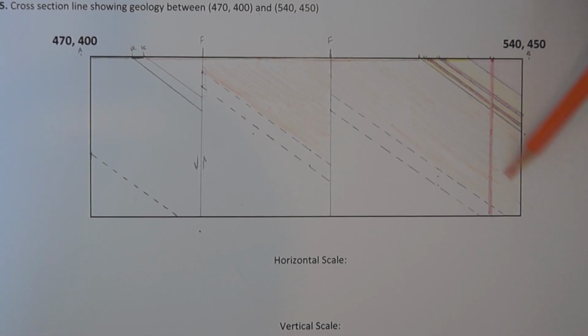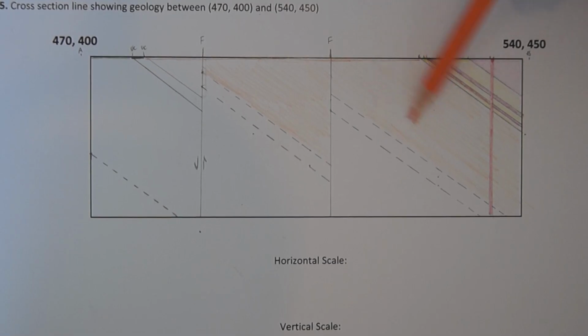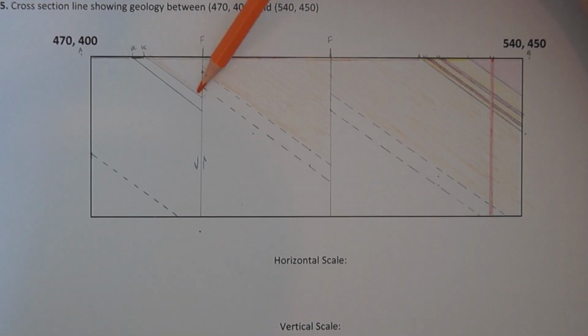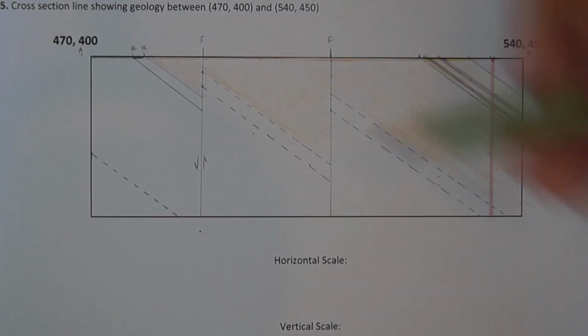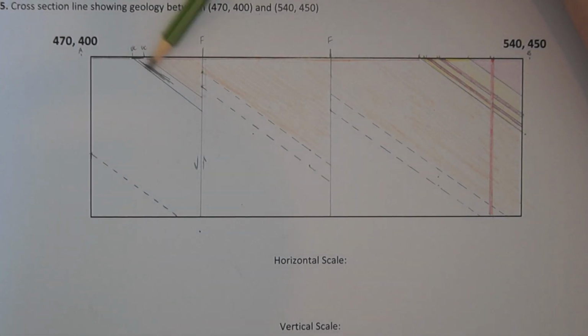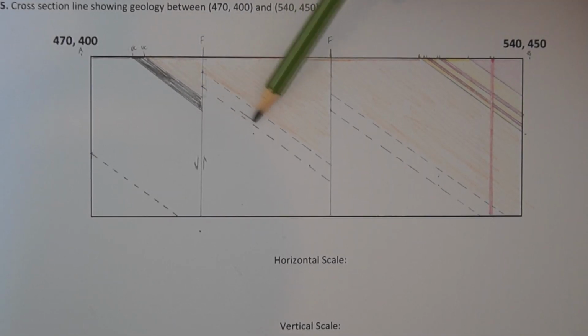Obviously, if you've got the time and you take pride in your work, which you all do, I'm sure, you take time to shade this correctly. But because you guys probably don't want to watch me colouring in for 10 whole minutes, I'm just going to try and do these as quickly as possible.